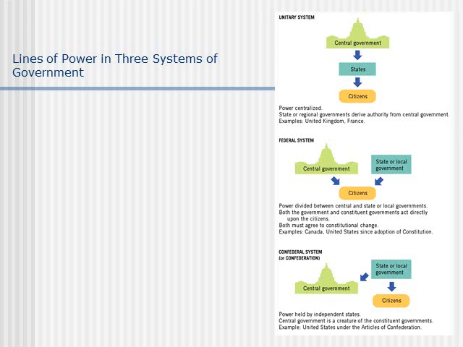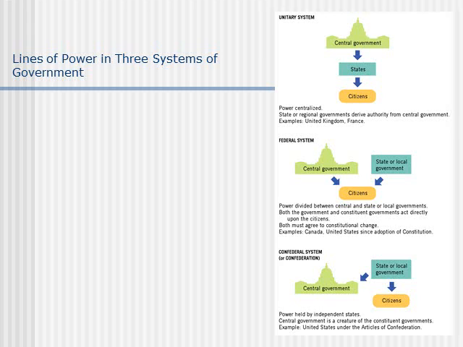If the state of Oklahoma didn't want Midwest City to be a city independent of Oklahoma City, it would stop being a city independent of Oklahoma City. Both the central government and constituent governments act directly upon the citizens. Both must agree to constitutional change. Examples: Canada and the United States since the adoption of the Constitution.